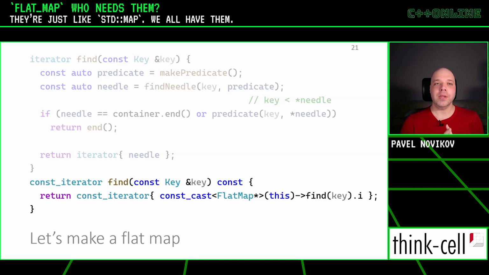So non-const find operates always on non-const object. Now, we know the implementation of non-const find. It doesn't modify the object itself. So in const version, we can just cast away const and call non-const version. And because we know the implementation, we guarantee that nothing bad will happen.